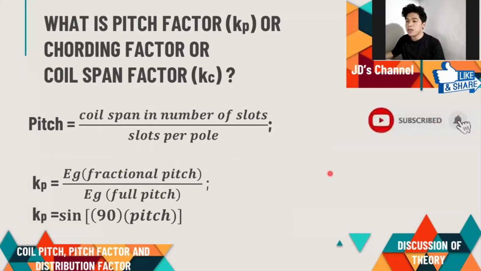The pitch is equal to the coil span in number of slots over the slots per pole, and Kp, or in other books, Kc, is the voltage generated in the fractional pitch coil over the voltage generated in the pole pitch coil. And we can also use the formula Kp is equal to sine of the quantity 90 times the pitch that we obtained using this formula.